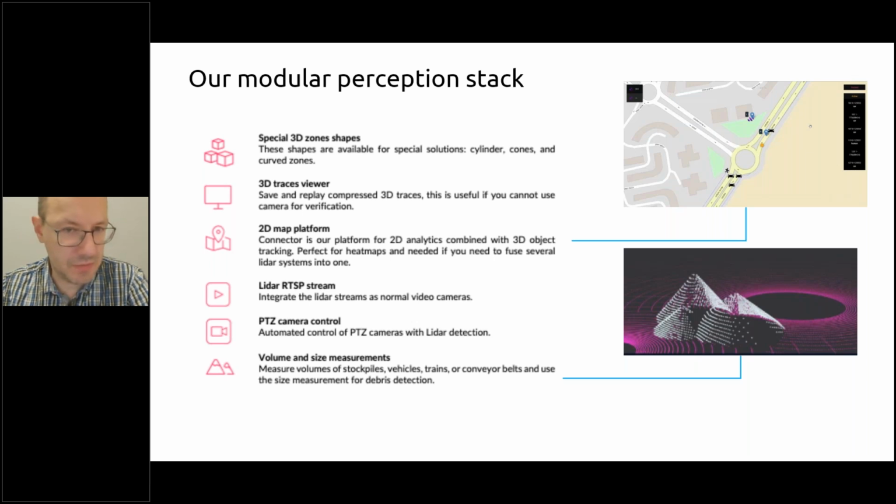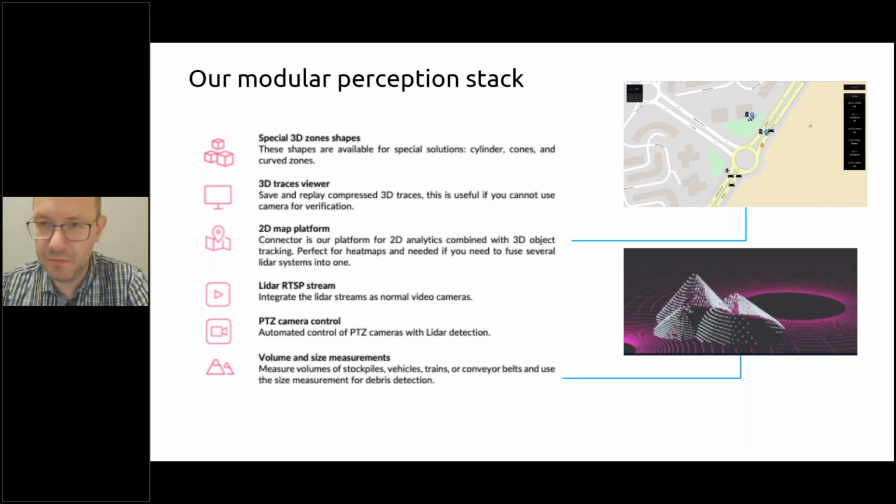And then also, as I mentioned before, we can provide volume and size measurement. I mentioned stockpiles and silos, but as a part of our software stack, we can also provide analytics about material which is moving on a conveyor belt.